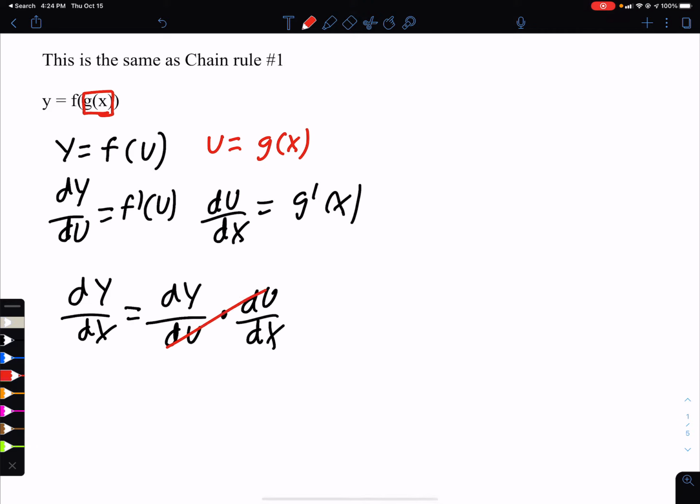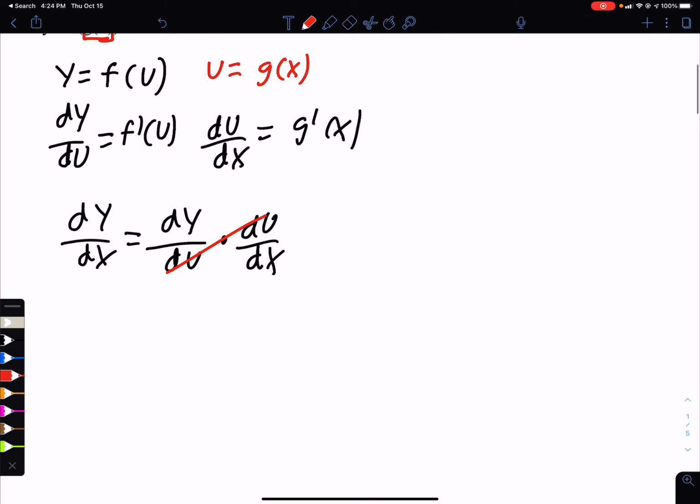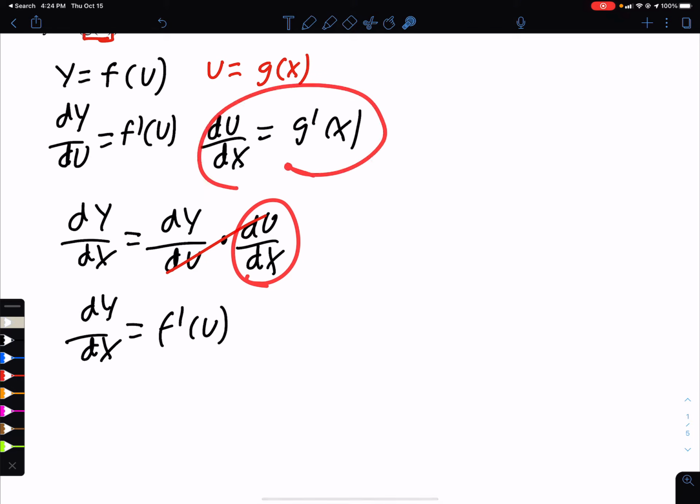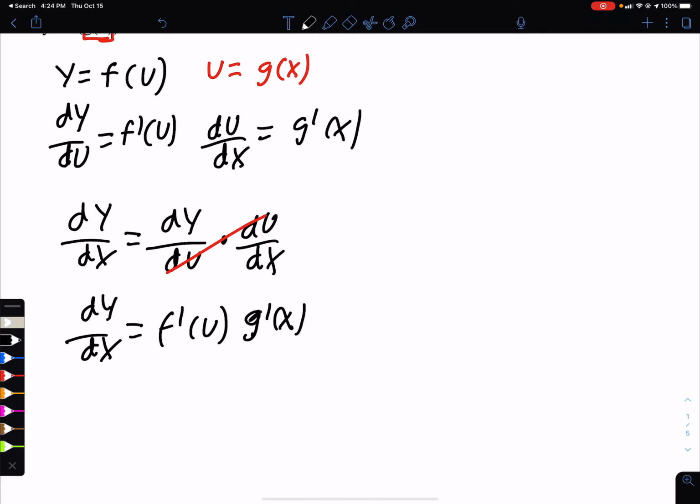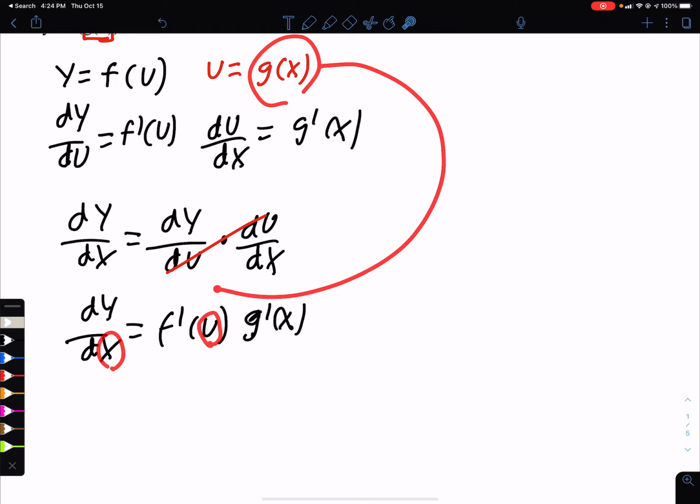And nicely the du's cancel, so this actually works. So dy dx is going to be dy du, which is f prime u, times du dx, which is g prime x. Now if you remember in the last lesson, we don't like u, we want x, so we replace u with the original function.